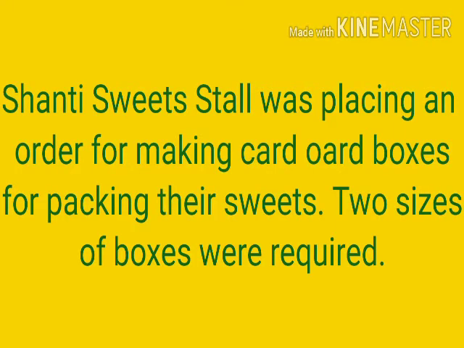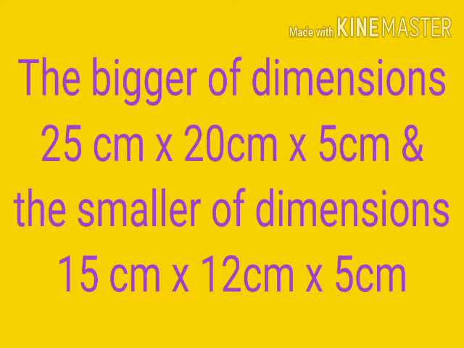Now exercise 13.1 question number 7. Shanti Sweets stall was placing an order for making cardboard boxes for packing their sweets. 2 sizes of boxes were required. The bigger of dimensions 25 cm by 20 cm by 5 cm and the smaller of dimensions 15 cm by 12 cm by 5 cm.